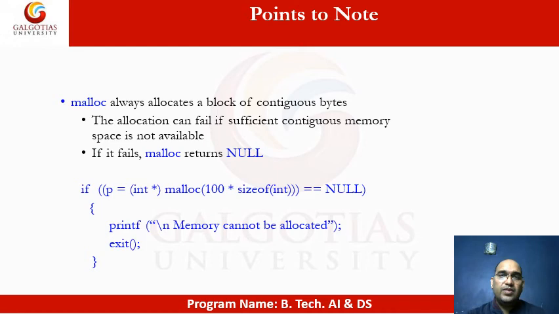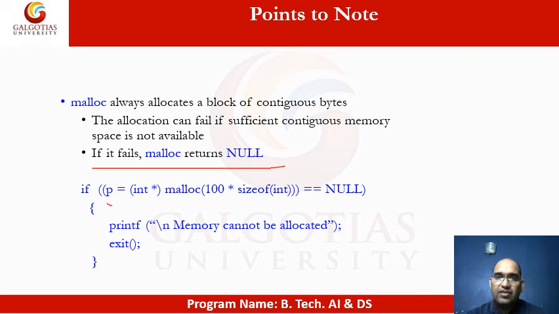Now, malloc always allocates a block of continuous bytes. The allocation can fail if sufficient continuous memory space is not available. If it fails, malloc returns null. So what is the use of this? If the memory is not allocated for any reason, then it returns null. So while allocating the memory, we can compare the value of p with null.